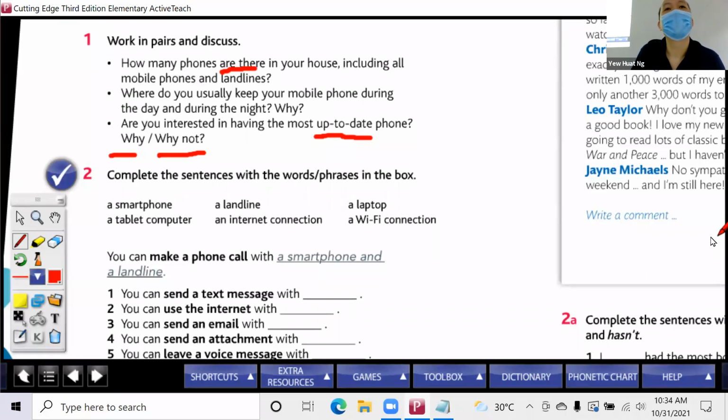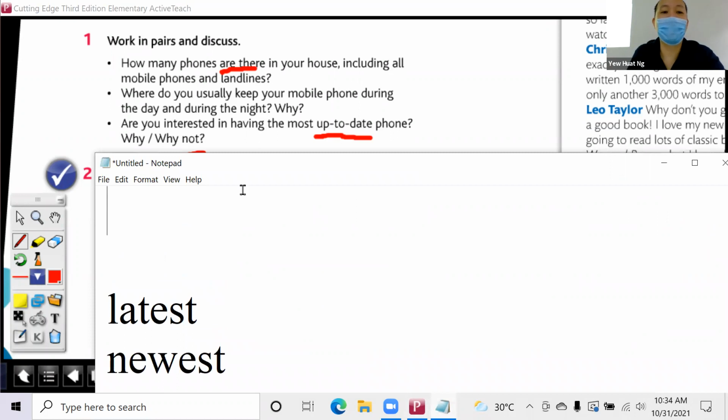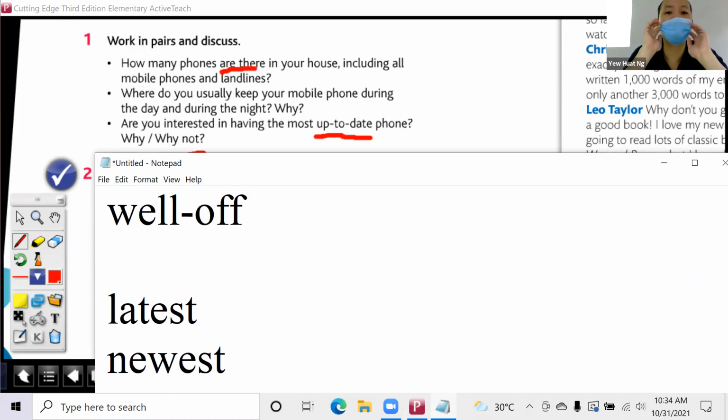Correct. Yes. I actually have many well-off students. You know what's well-off? What's well-off? No, well-off is another word to say rich. Okay.